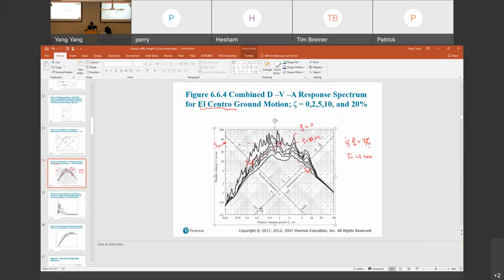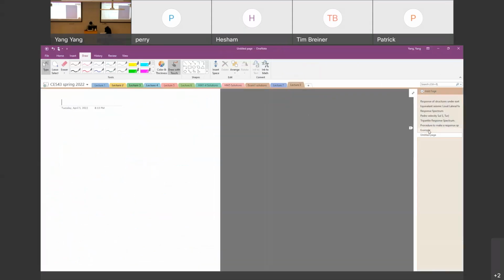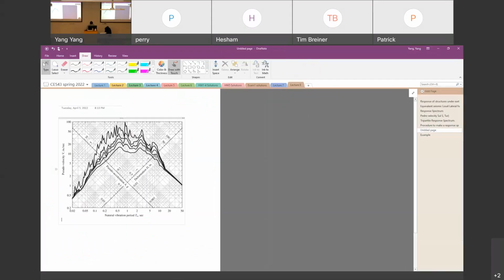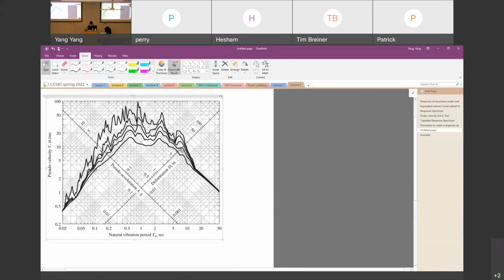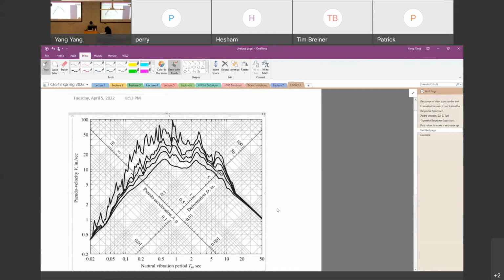Let me just grab this curve to save some time. There are some interesting features on the response spectrum.